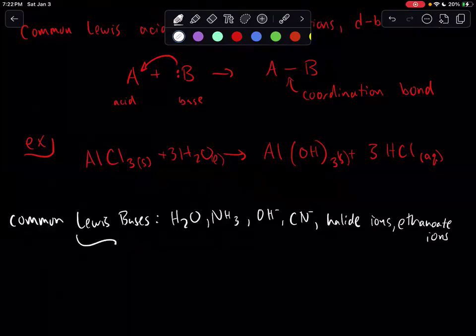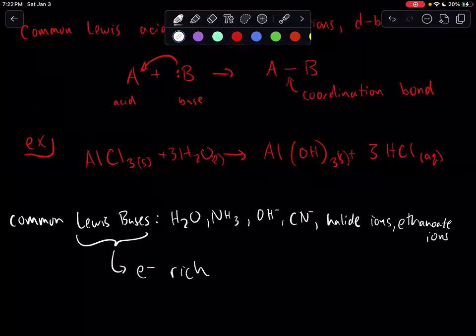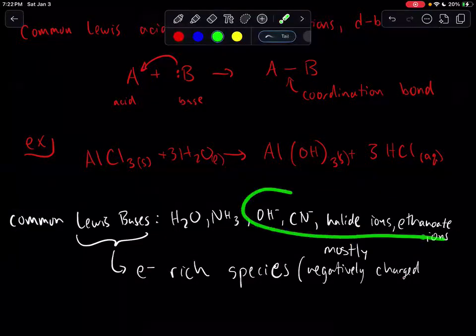Generally, when we look at Lewis bases, what we're looking at are electron-rich species. These are generally negatively charged, but not always. I'll say mostly. You can see that from our hydroxide, cyanide, halide, and ethanoate ions.